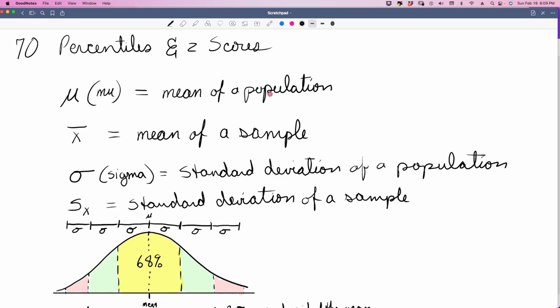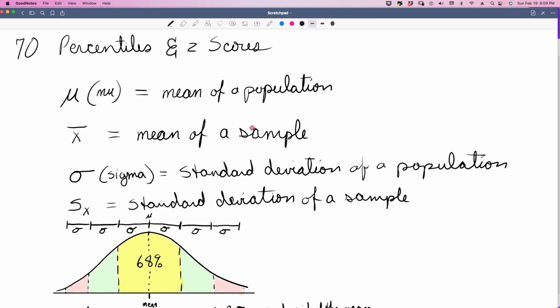That would be the mean of a population. But let's say we just took 3 scores at random from each math class and got the average of those. That would be what we call the X bar, which is the mean of a sample. We just took a sampling of the entire population.